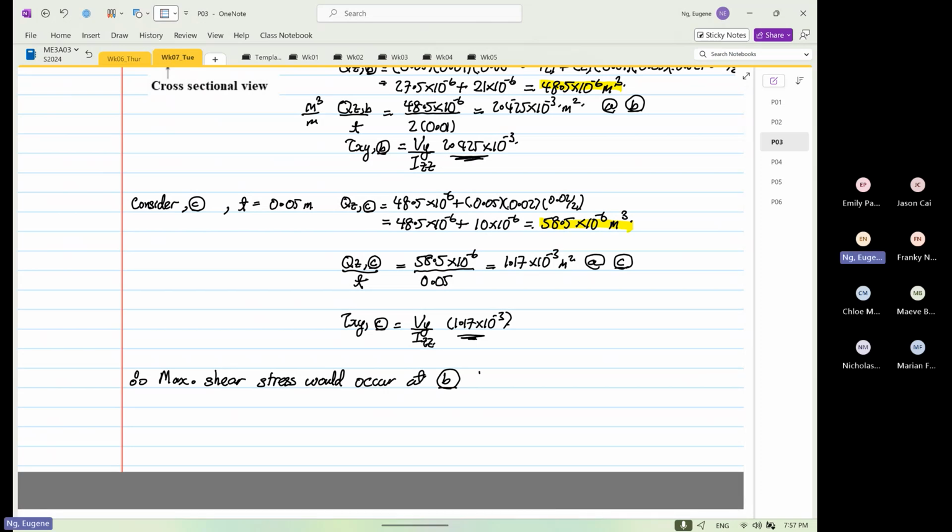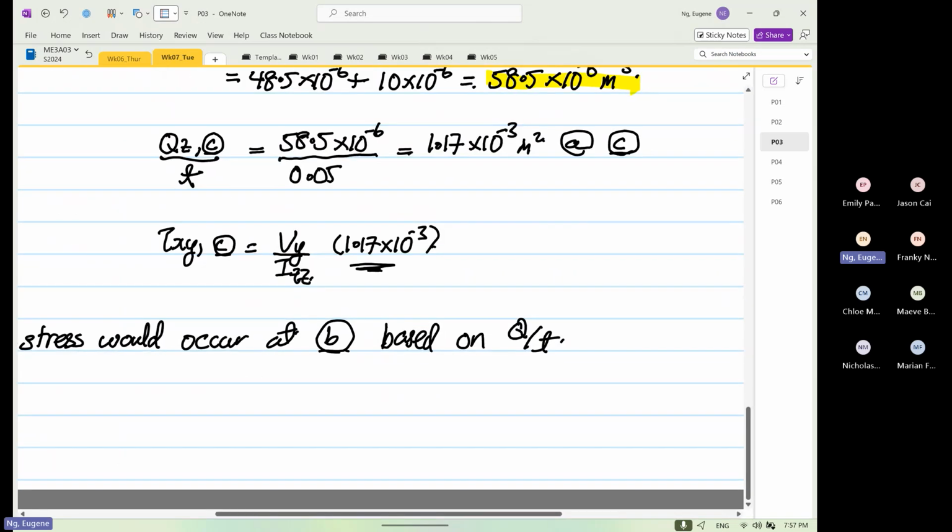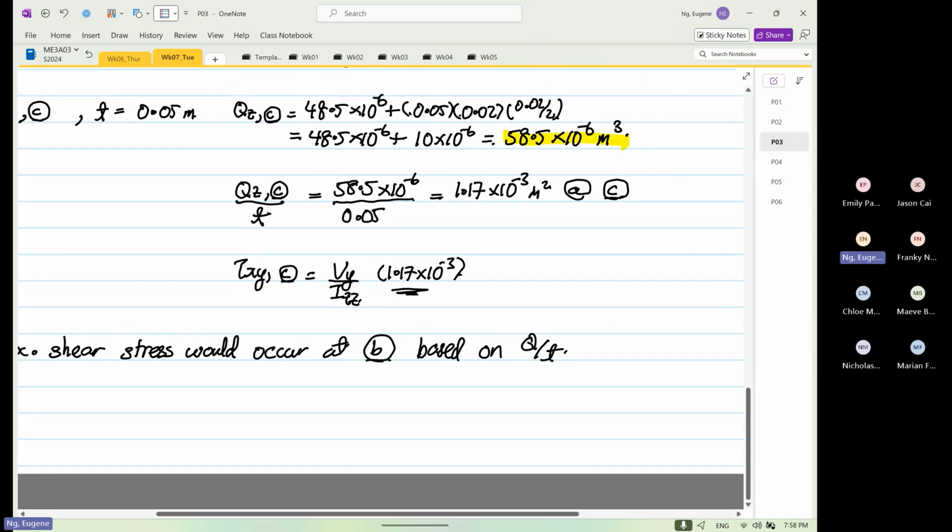So this is based on the Q over T ratio. The first moment of area is always fighting with the what? The thickness, yes or no, right?